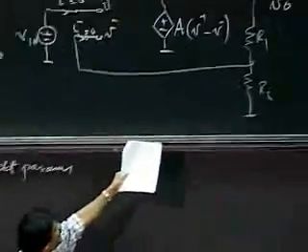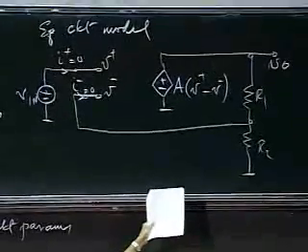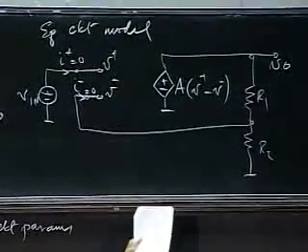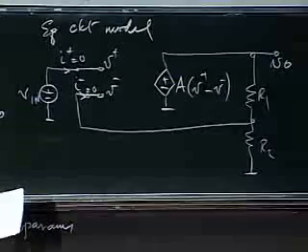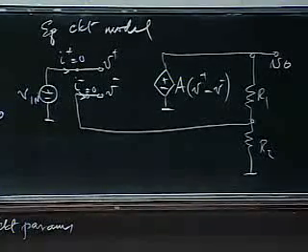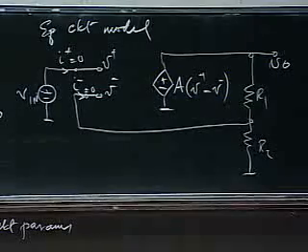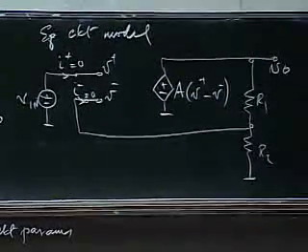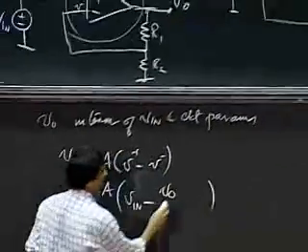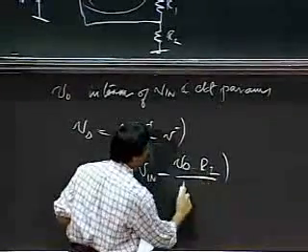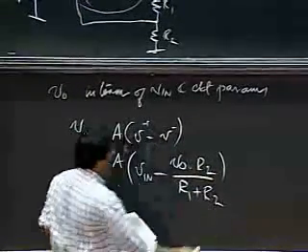V minus is simply the voltage that is between R1 and R2. Notice that no current flows into the V minus node. Okay, there's no current flowing in. So the voltage at V minus is simply the voltage given by the resistive divider, which is V naught times R2 divided by R1 plus R2.